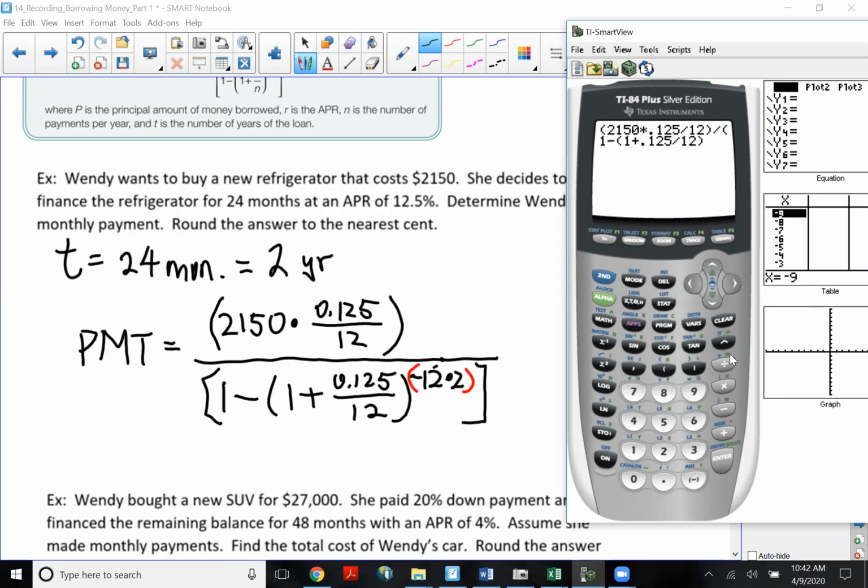For the exponent, use the caret key. Here you have to decide whether to say negative 12 times 2 or just negative 24. It's easier to say negative 24, of course, because you don't need an extra set of parentheses. Once I finish the negative 24, I just close my brackets. So my payment is $101.71.